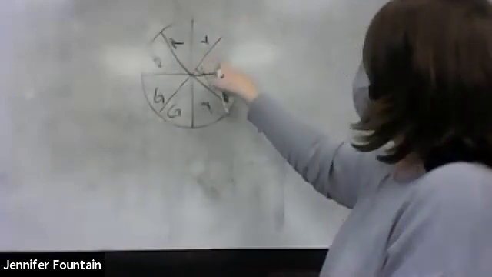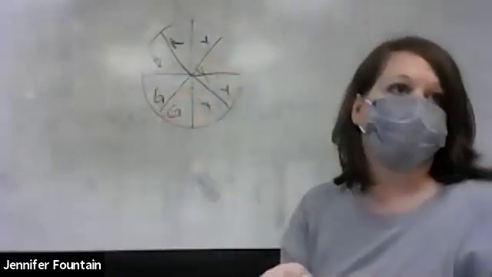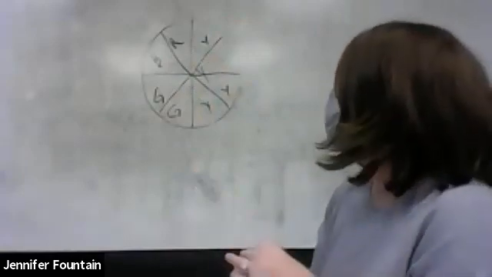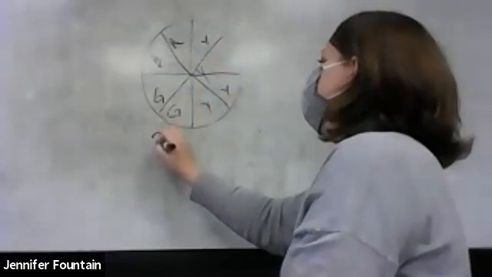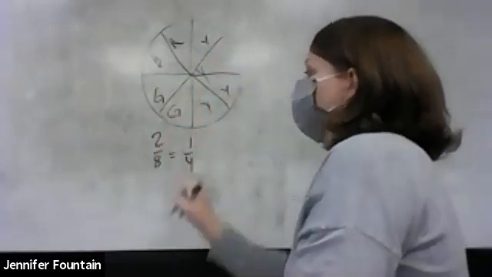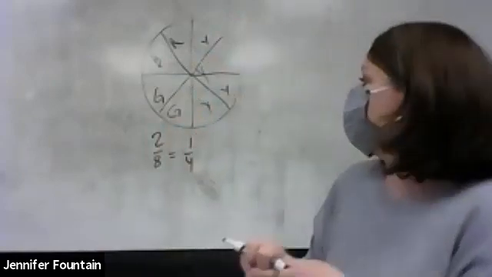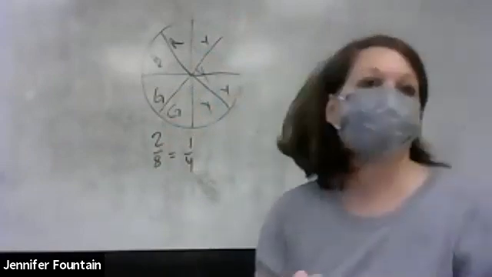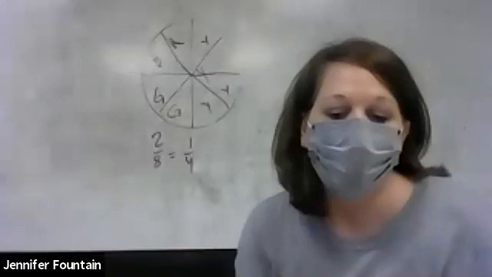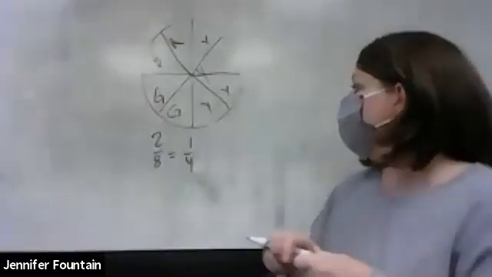So I have 1, 2, 3, 4, 5, 6, 7, 8 total pieces now. How many of the 8 are green? 2. Okay, so 2 out of 8 is still 1 out of 4, right? All right. So when I've got 2 out of 8, that is equal to 1 out of 4, and we do that 24 times.